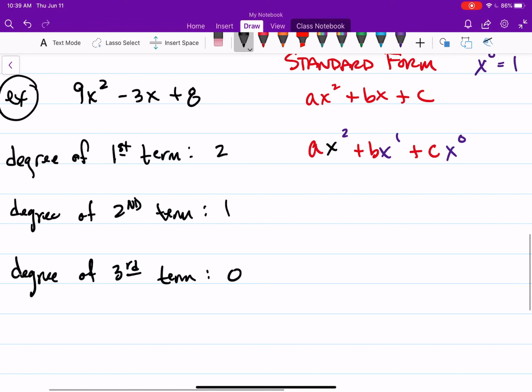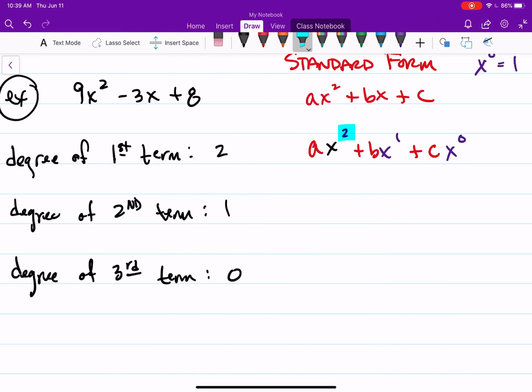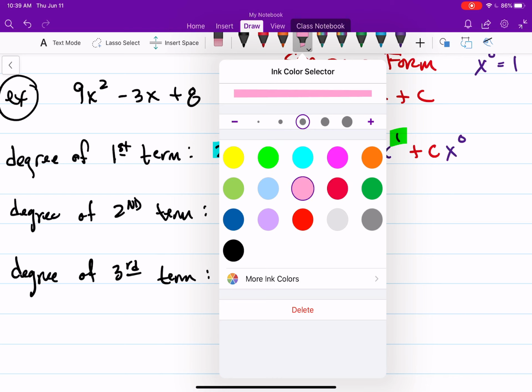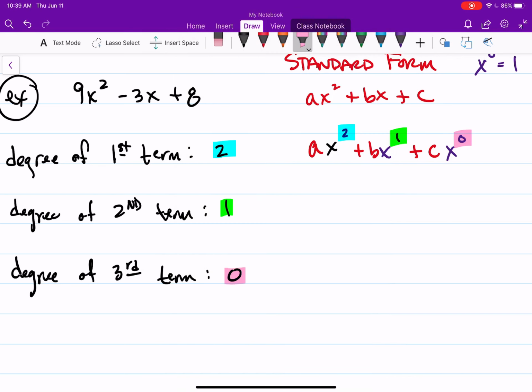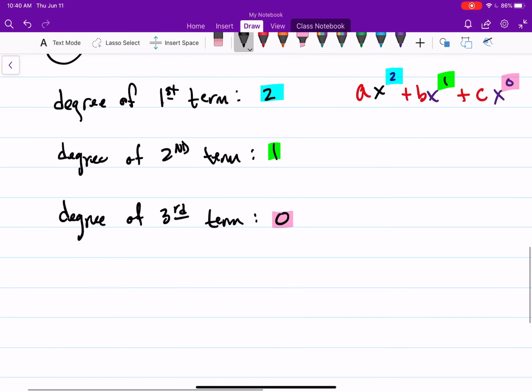Okay? So again, where did I get those from? So I would get those from here. 2. Let me do it this way. 1. And the 0. Okay? So the last question they're going to ask you is, what's the degree of the polynomial?